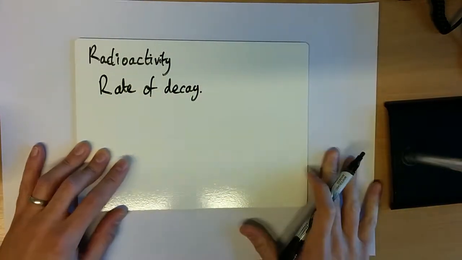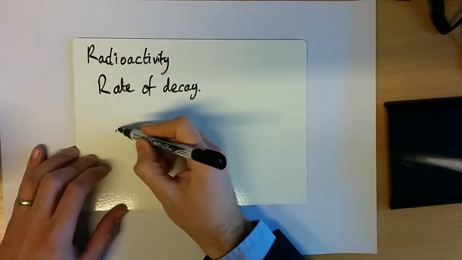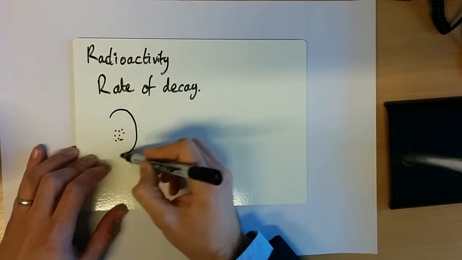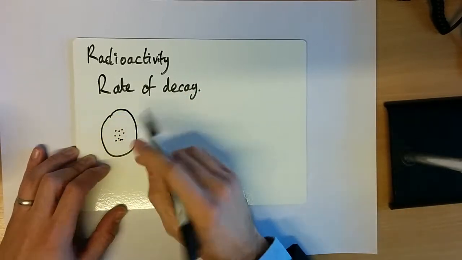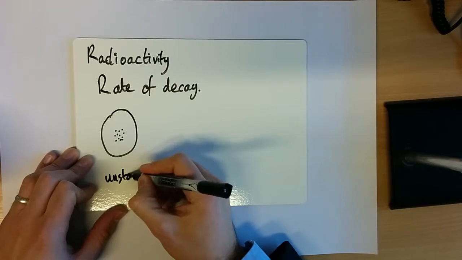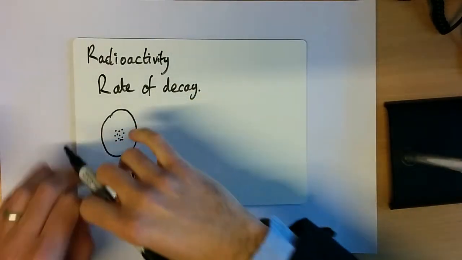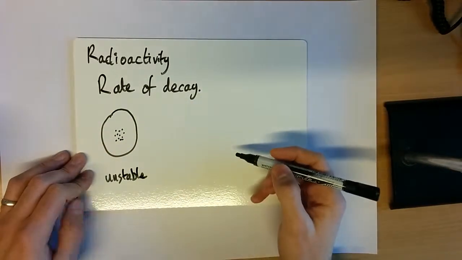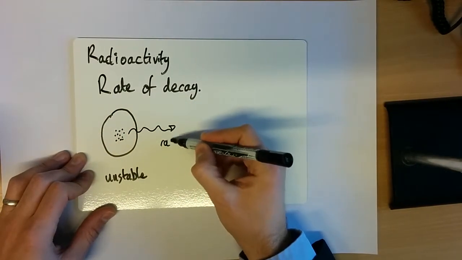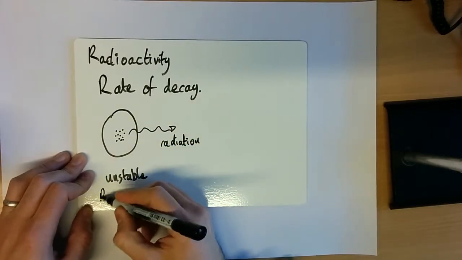We have already said that in radioactive decay you have a nucleus of an atom, and this atom is unstable and it will break down, and when it breaks down it gives out some radiation, which makes it radioactive.